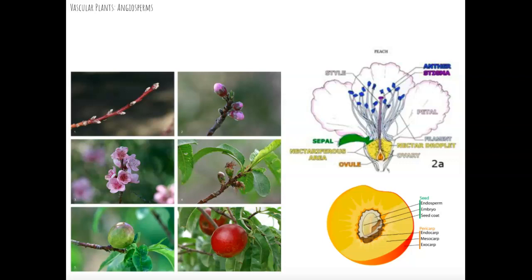In this case, we're looking at something that's a typical stone fruit, like a plum or a nectarine, where you have the fleshy part of that fruit that surrounds the seed in the middle. The seed in the middle is that embryo, and it's surrounded by the fleshy ovule.